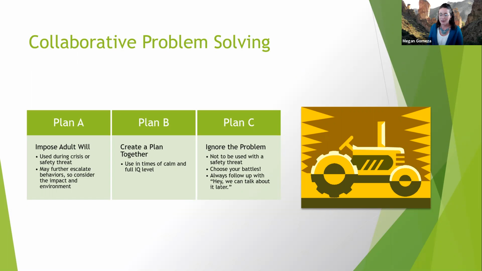Usually practicing our skills didn't go so very well that day. I had to spend a lot of my time actually grabbing his hand or imposing adult will to keep him from running into dangerous areas. And that was very unusual for him that day.